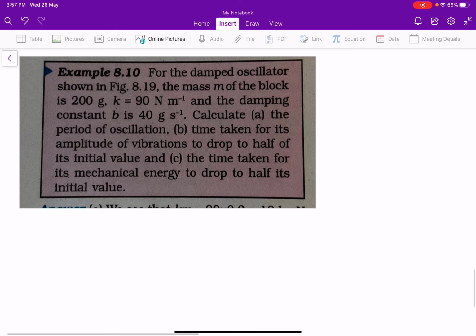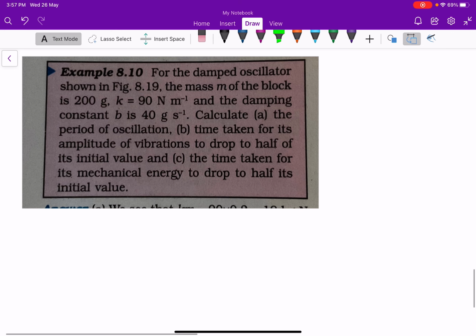For the damped oscillator shown in figure 8.19, which we discussed earlier, the mass of the block is 200 grams. So mass equals 200 grams, which when converted into kilograms is 0.2 kg.